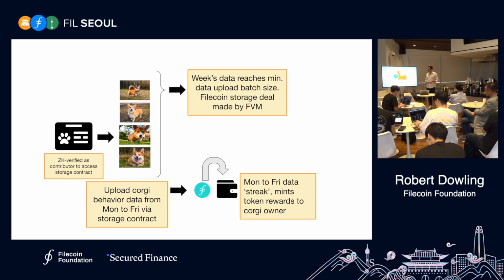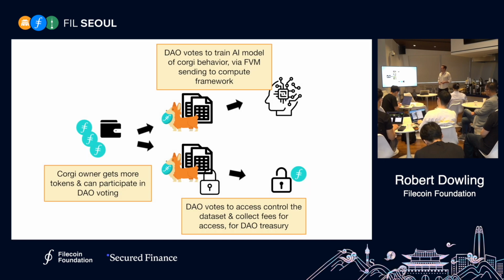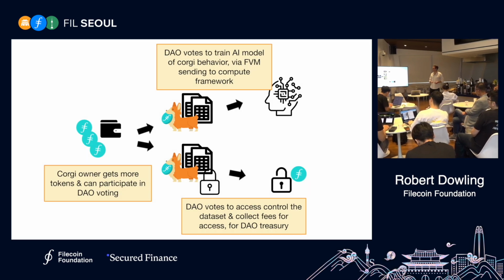Anyway, cool. Okay. So, an example of a data DAO. Let's say you have a bunch of corgi owners. They want to manage data related to their corgis because they want to learn more about the health of their corgis. Well, they may have ZK verified contributors to actually access a smart contract. And if they're verified, they can upload data about their corgi. Let's say it's their health data.